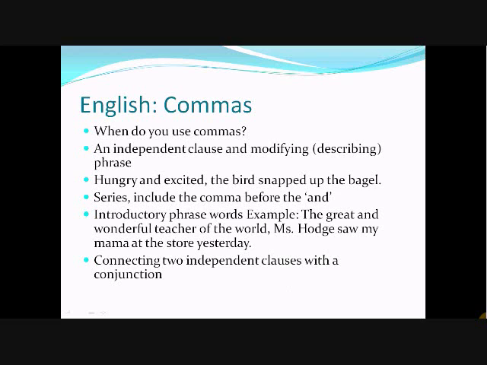You want to use commas in series, and you want to put the comma before the word and. You want to use a comma to separate an introductory phrase or phrase words. For instance, the great and wonderful teacher of the world, comma, Miss Hodge saw my mama at the store yesterday. And so you also want to use a comma when it's connecting two independent clauses with a conjunction.